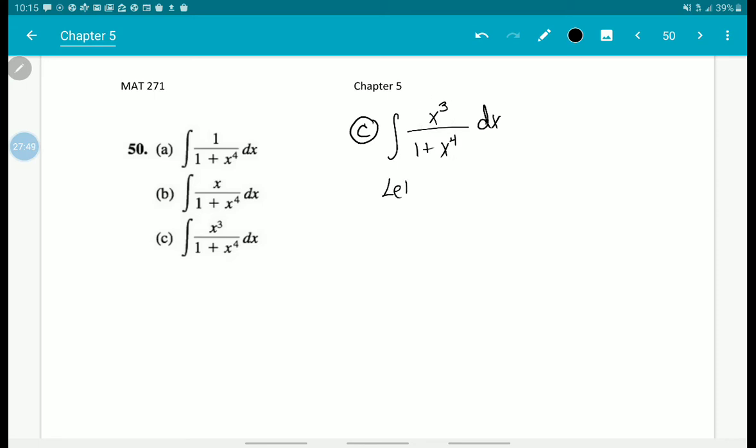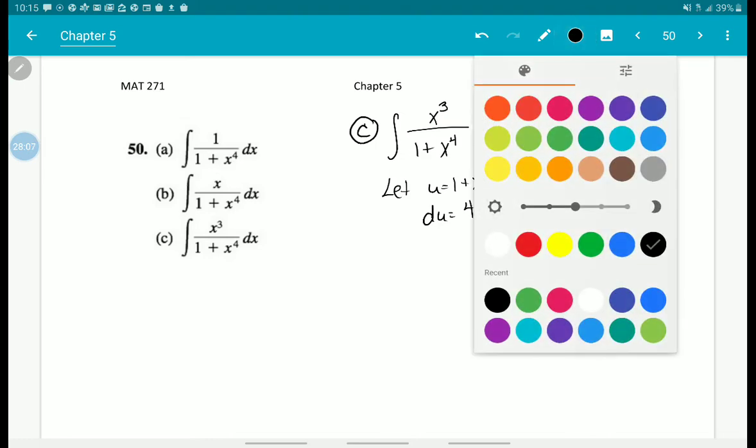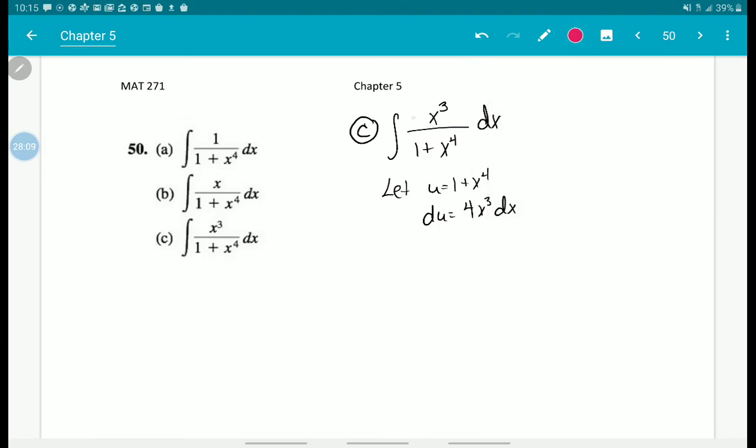So let's try letting u be that entire denominator. Then du would be 4x cubed dx. So why would we try that? Well, we would try that because we almost have all of du in the top. So notice that in this case, we're missing the 4 here. We can multiply it in as long as we compensate with a 1/4.